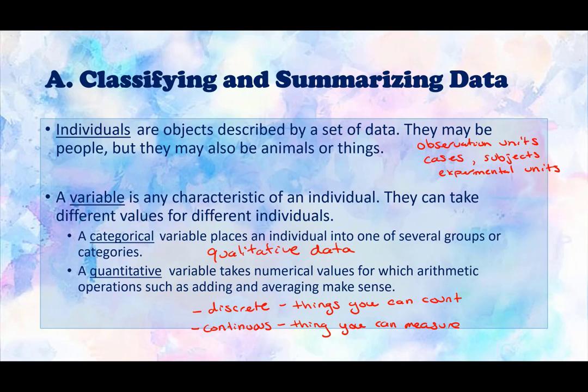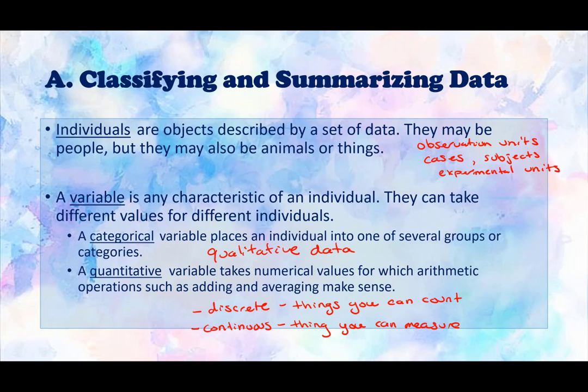You have to know one really important thing. Quantitative comes with numbers, but not everything that has a number is considered quantitative data. Remember, quantitative data is data that makes sense to average or do numerical operations on. A couple of things that are numbers but are not quantitative data are your license numbers, zip codes, or phone numbers.